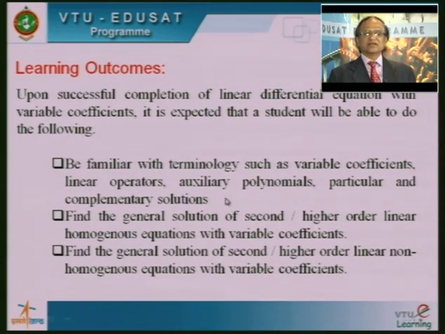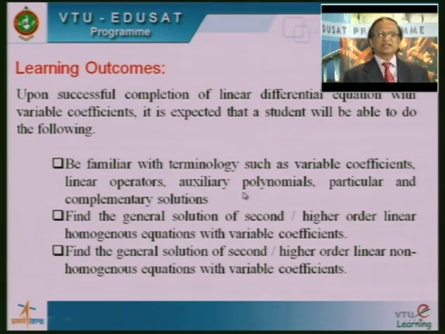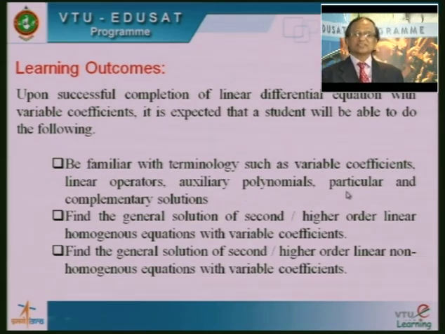As I have mentioned, the given equation may be a homogeneous equation or a non-homogeneous equation. How do we say that a given equation is non-homogeneous? If the right hand side of the equation is not equal to 0, then we call it a non-homogeneous equation.